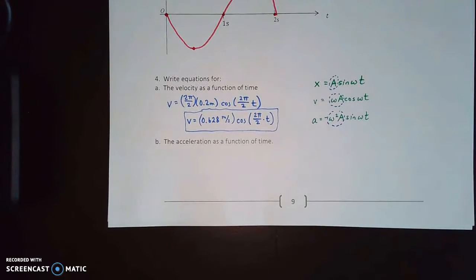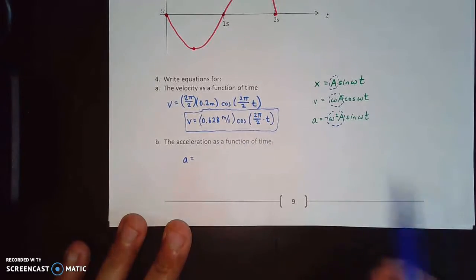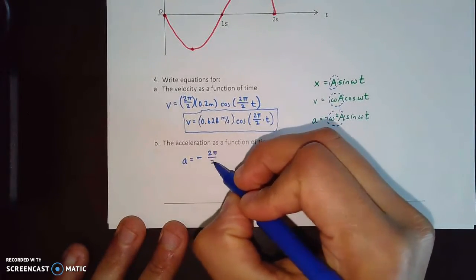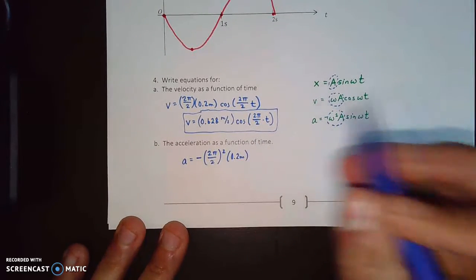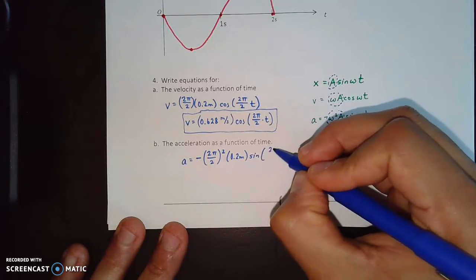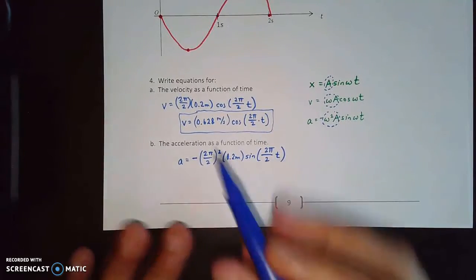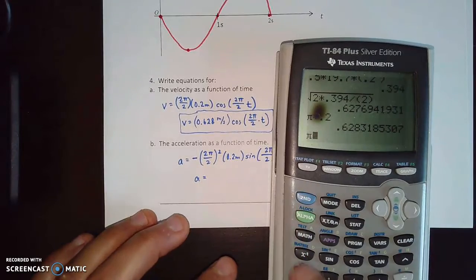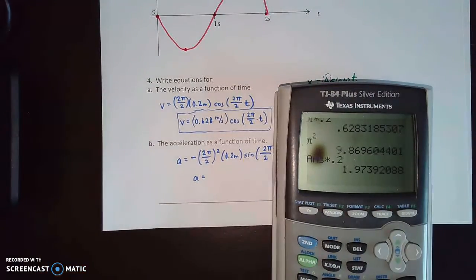I can take it a step further and go with my acceleration as well. So my acceleration is negative omega squared, which is 2 pi over 2 squared, times 0.2, times the sine of omega t. So 2 pi over 2 squared is pi squared, times 0.2 gives us an acceleration of 1.97.